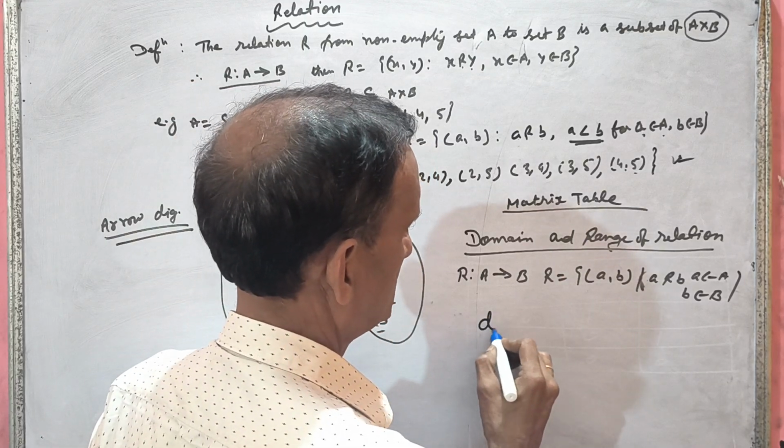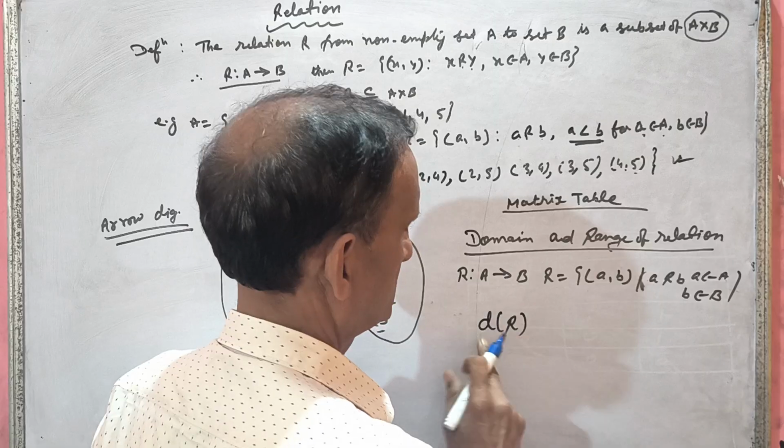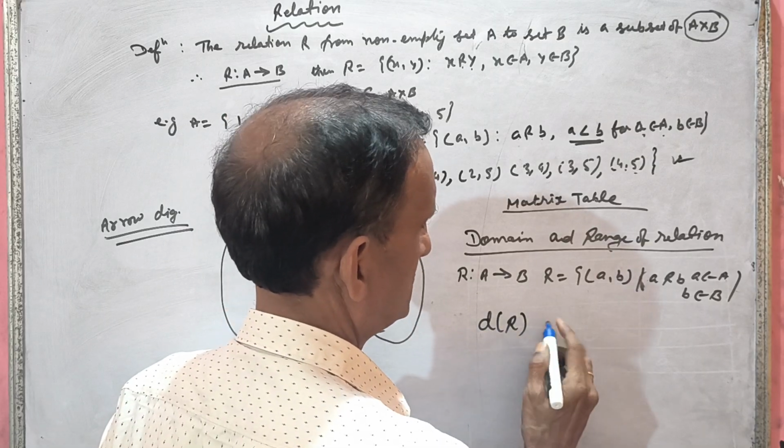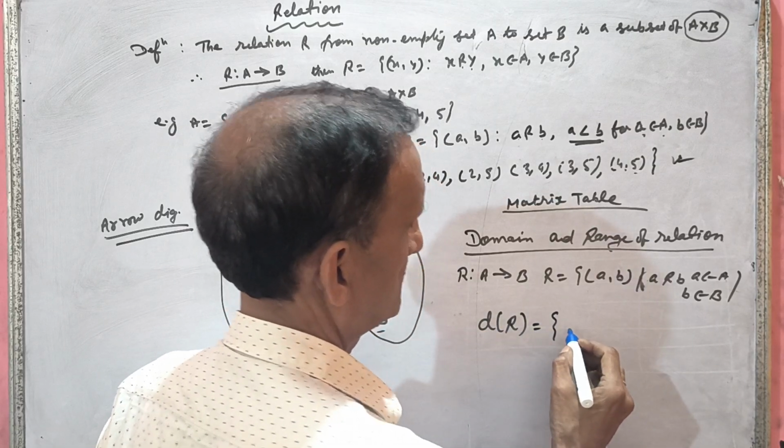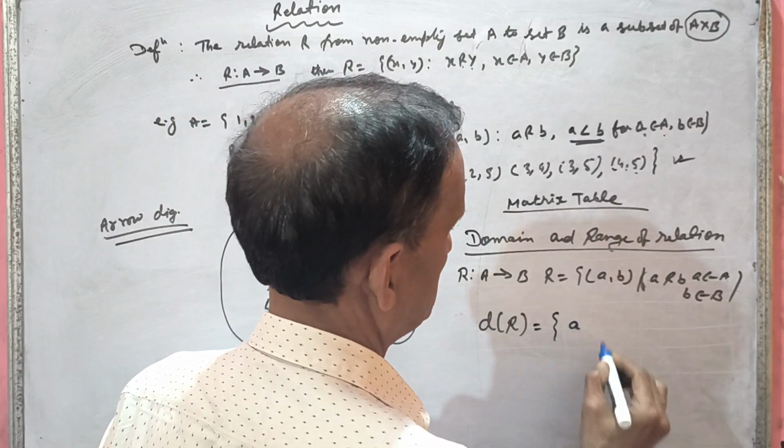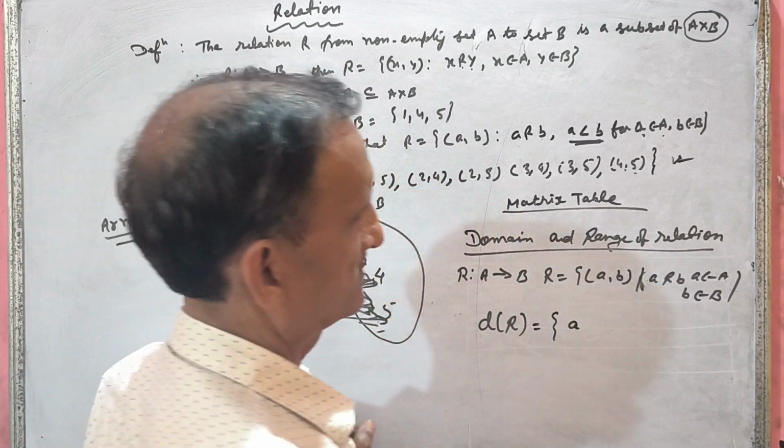Domain of relation R is denoted by D(R). Domain of the relation R is the set of the first component of all the ordered pairs.